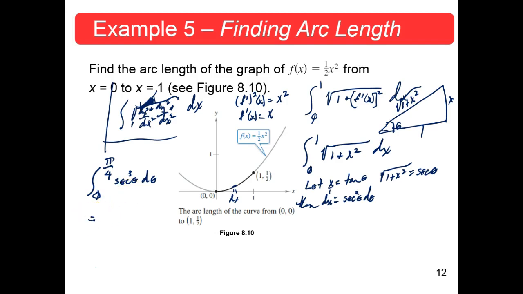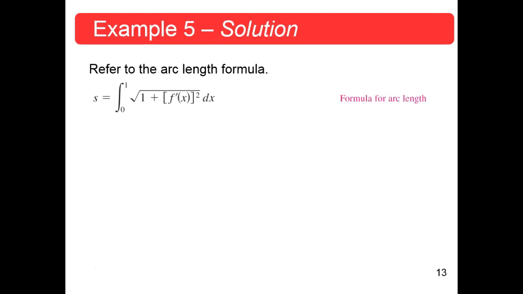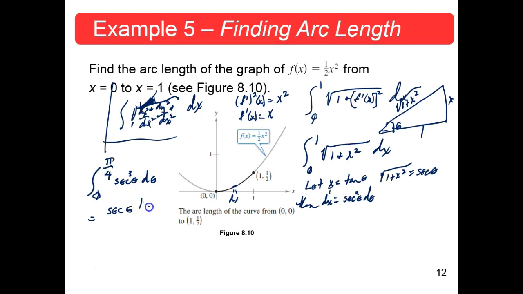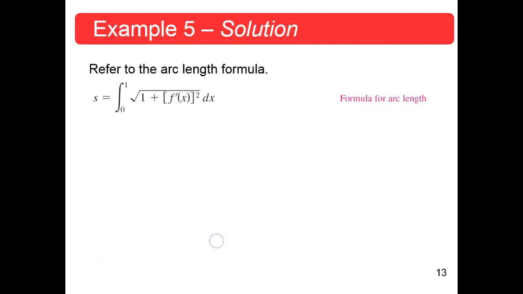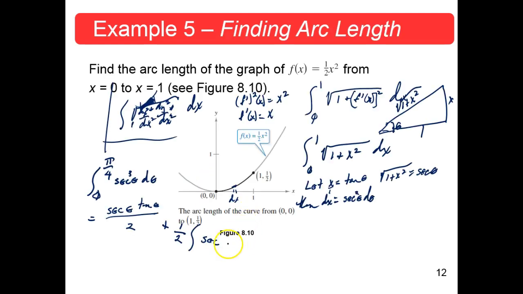This will be secant to the n minus 2, where our n is 3 here, so that would just be secant theta tangent theta over n minus 1, which is over 2, plus n minus 2 over n minus 1, which was 1 over 2, times the integral of secant theta d theta.